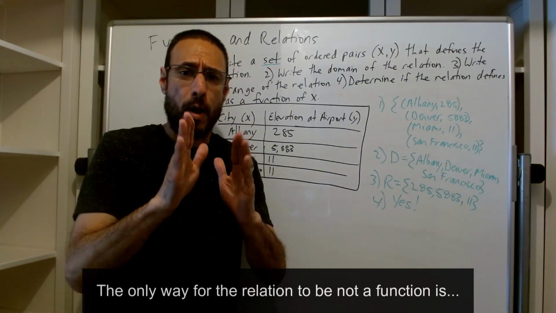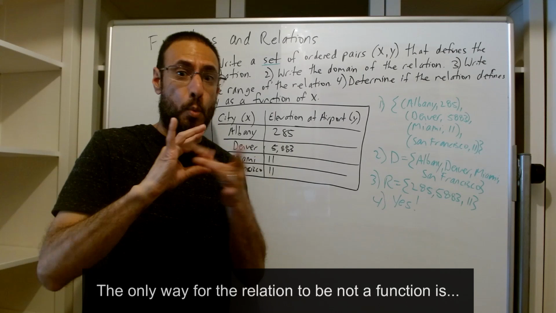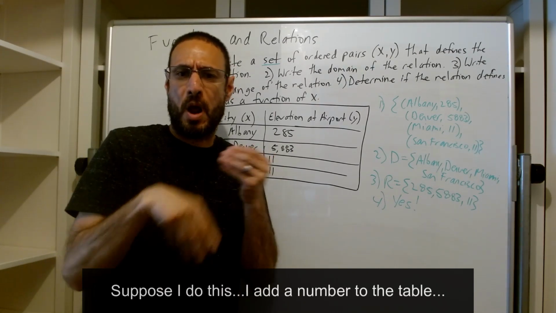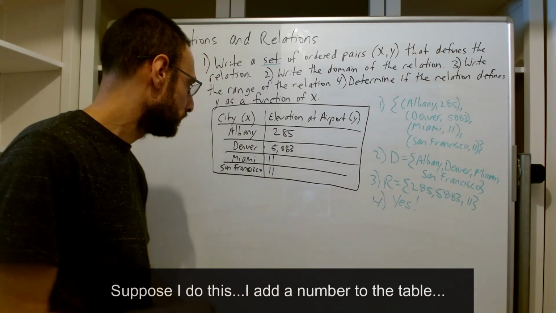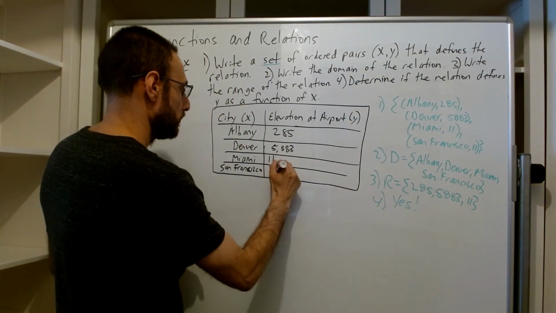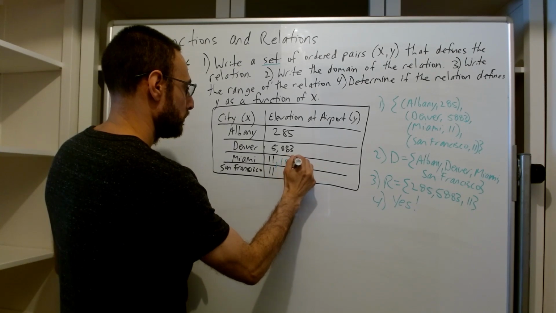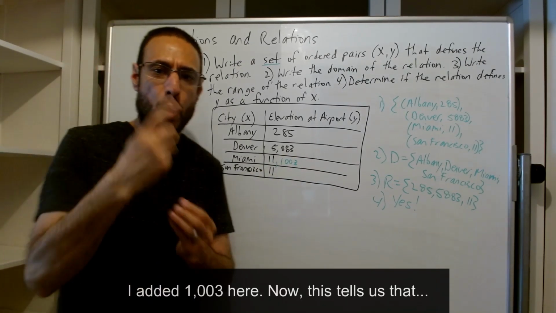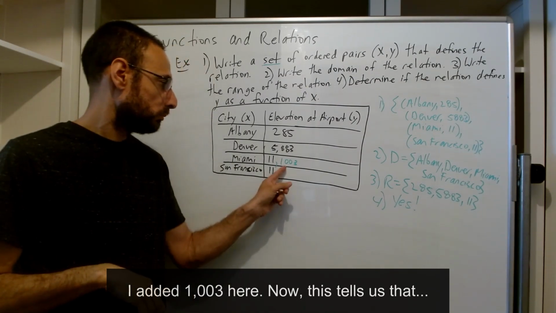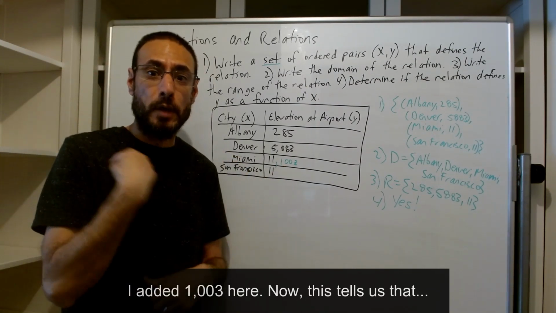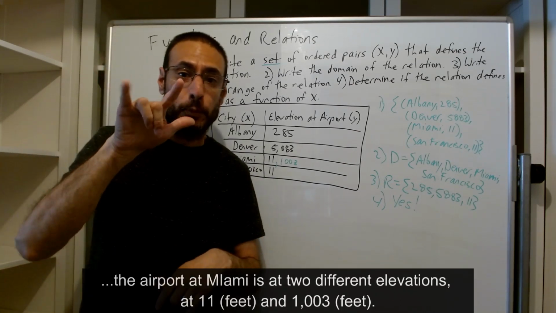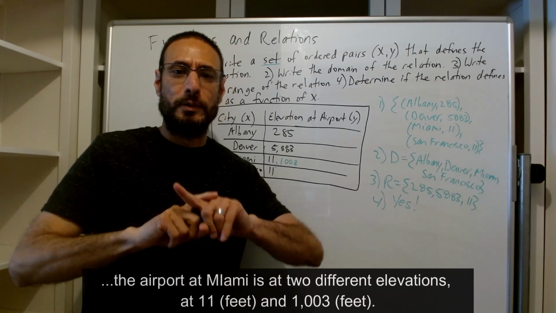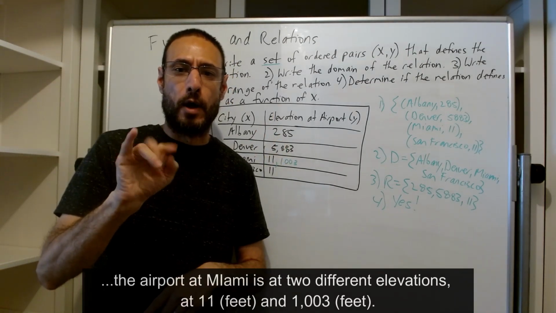The only way for the relation to be not a function is, suppose I do this. I add a number to the table. I added 1003 here. Now, this tells us that the airport at Miami is at 2 different elevations, at 11 feet, and 1003 feet.